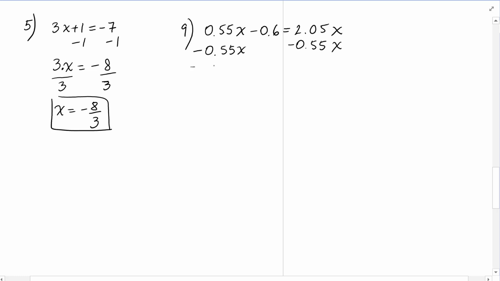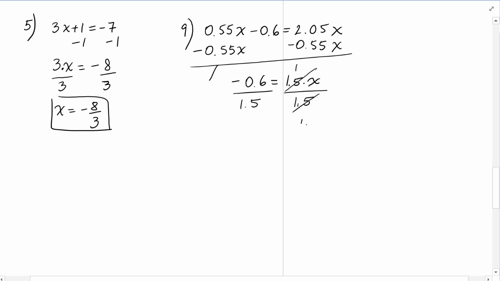So on the left side, this is 0, so we end up with negative 0.6 equals 2.05 minus 0.55, which is 1.5x. In order to find x, we are going to divide by 1.5 both sides. This gives us 1. So x equals negative 0.6 divided by 1.5, which is negative 0.4. Let's put that in a box.